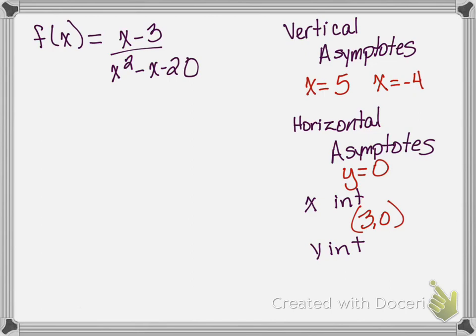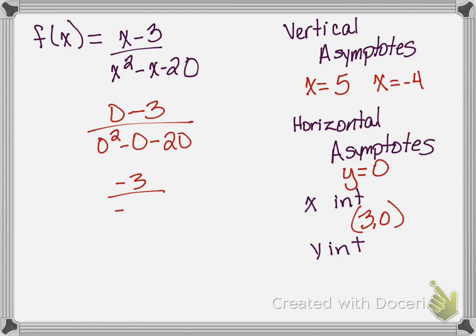So I've got 0 minus 3 over 0 squared minus 0 minus 20. So then I'm left with 3/20. So the way that I find my y-intercept is I plug 0 in for x. So my y-intercept is (0, 3/20).